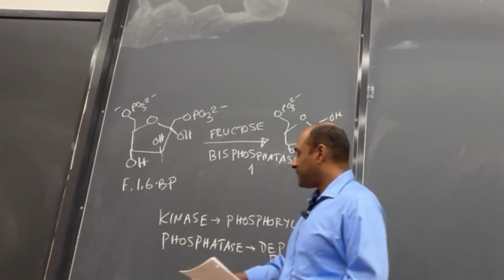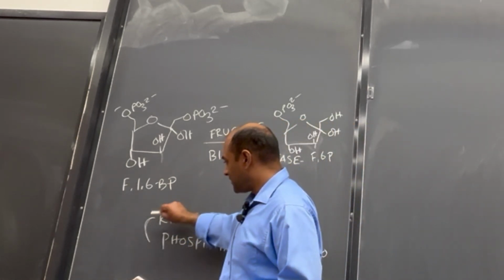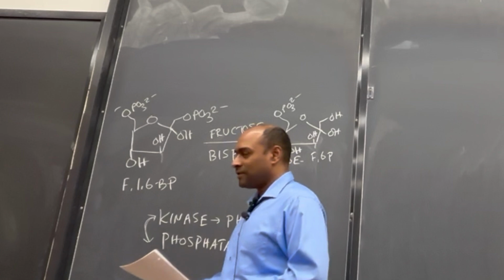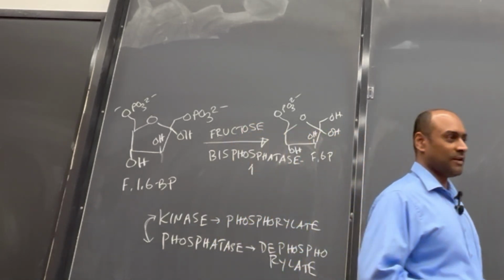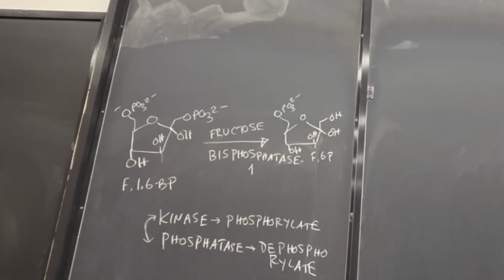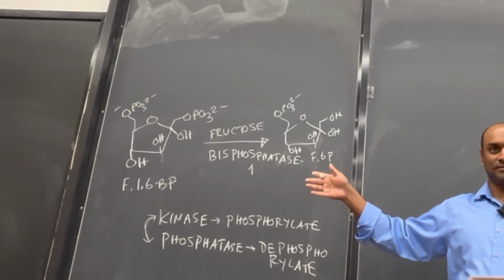So kinases and phosphatases do opposite reactions, right? One will phosphorylate, the other one will dephosphorylate. So that's it. We have our second bypass, right?